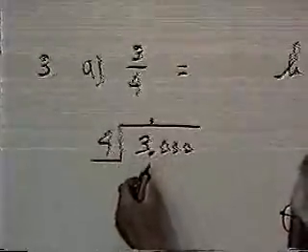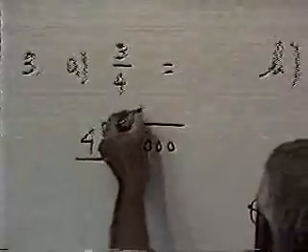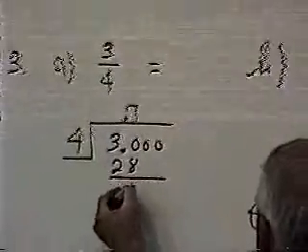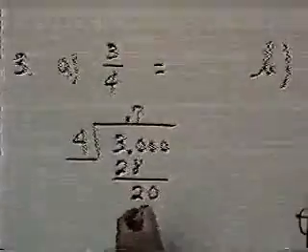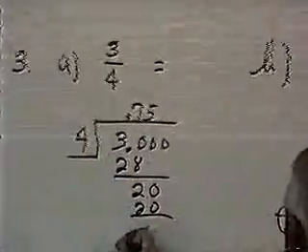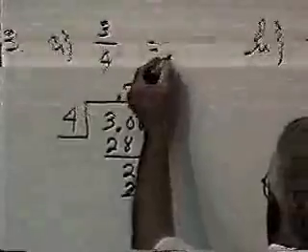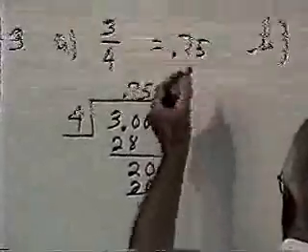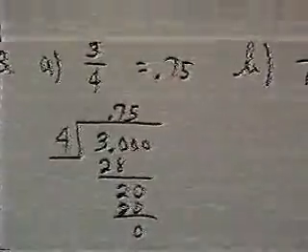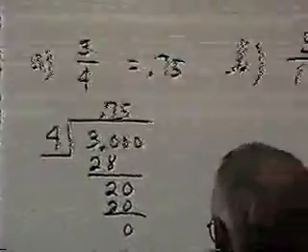Decimal goes above decimal. That will go, what, 7 times, which is 28. Dividing that's 2, 0. 4 going into that 5. And so we stop there, and so that's 0.75.